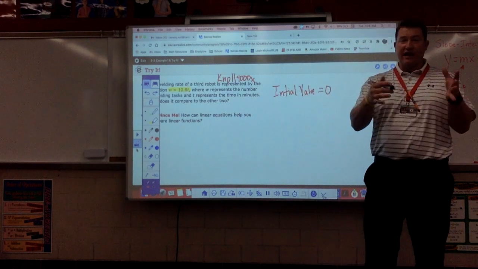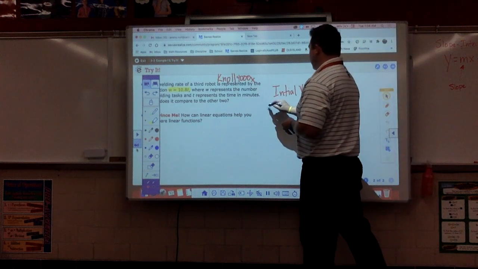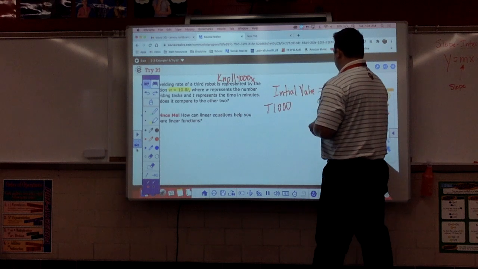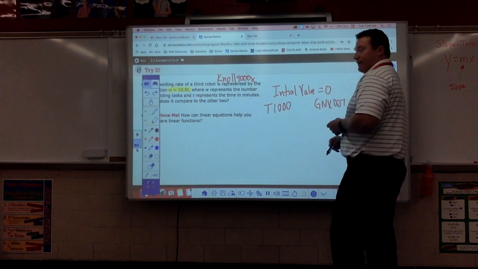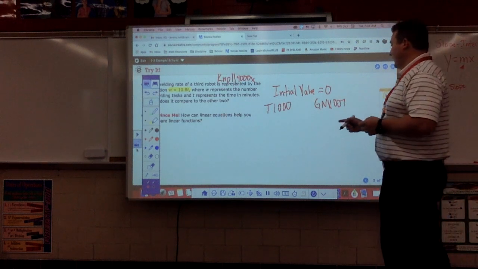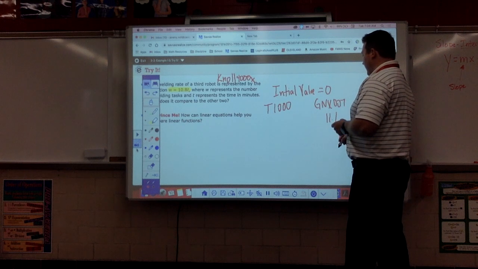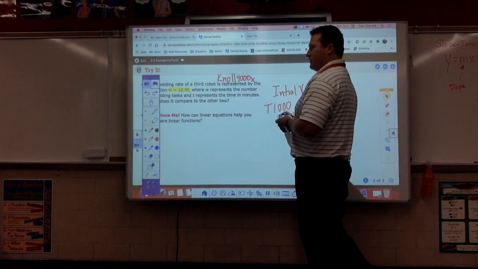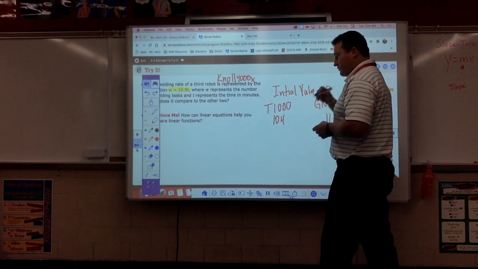That's identical to the other two robots. Remember, our other two robots were the T1000 and the GNX 007. The rates were 11.2 for one and 10.4 for the other.